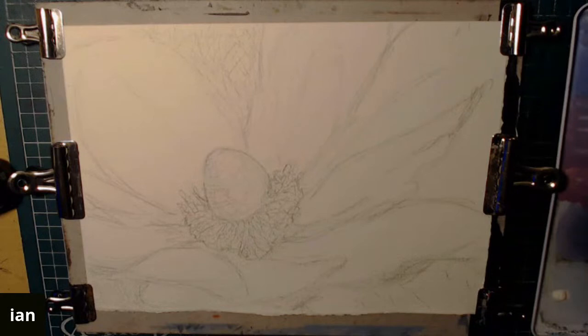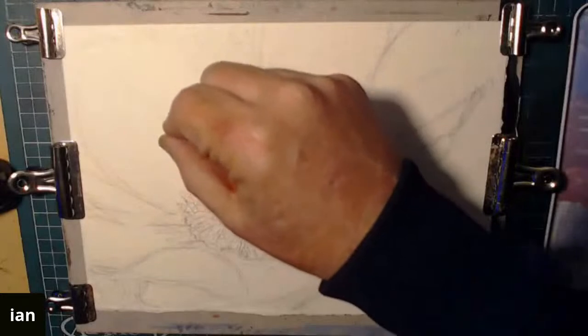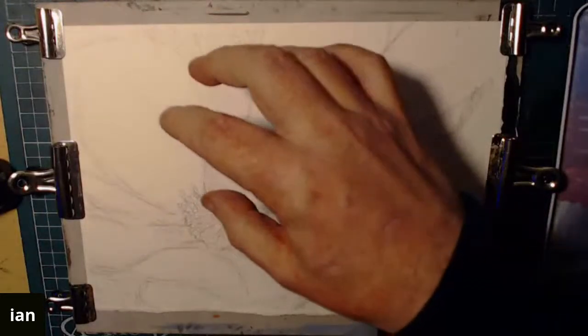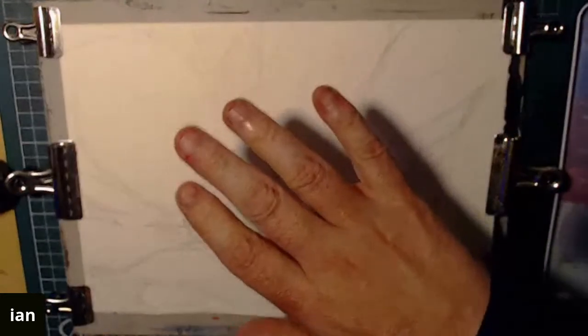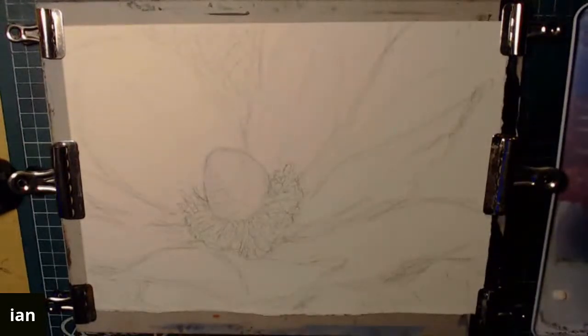I found this a bit complicated because it all depends what you consider to be botanical. Actual proper botanical drawing is illustration, and it's a very scientific form of drawing.